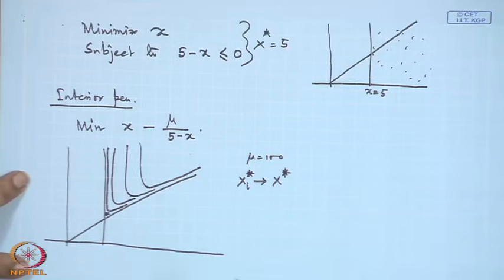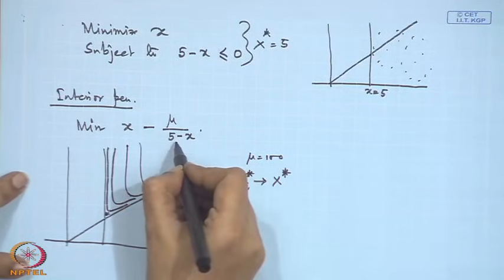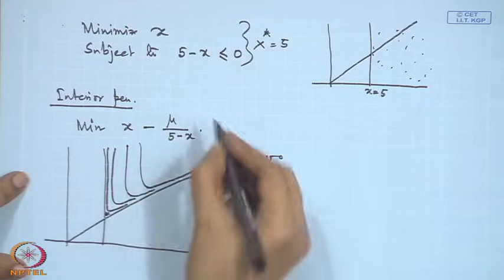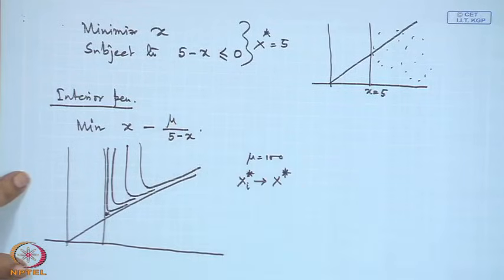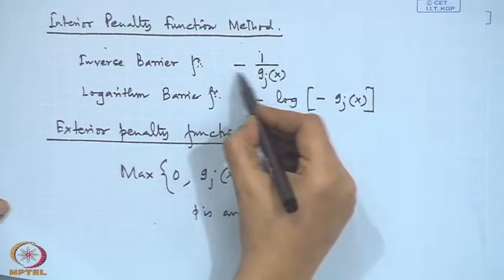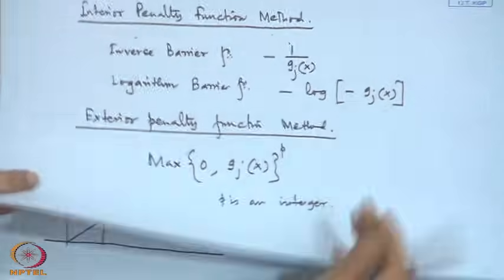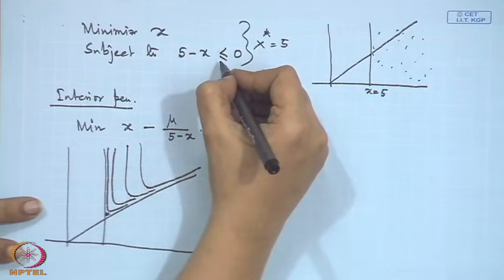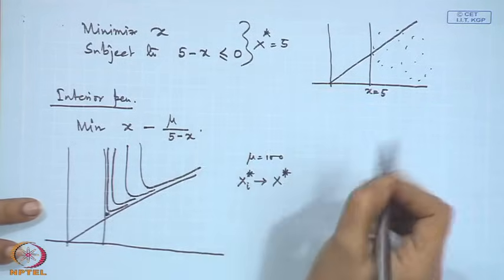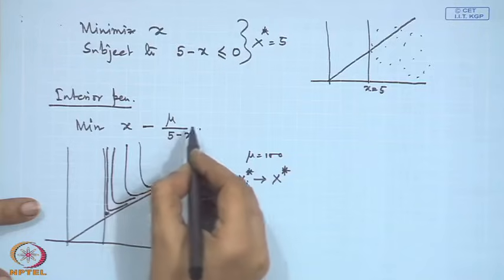Thus, we can summarize that the function has been taken in such a way that the functional form here is the inverse barrier function, as I just mentioned, minus 1 by g j x, minus 1 by 5 minus x, and we are considering g j x as a less-than-or-equal-to constraint.